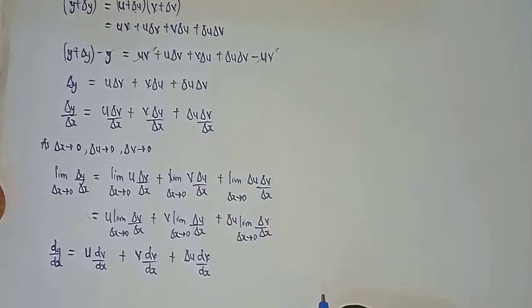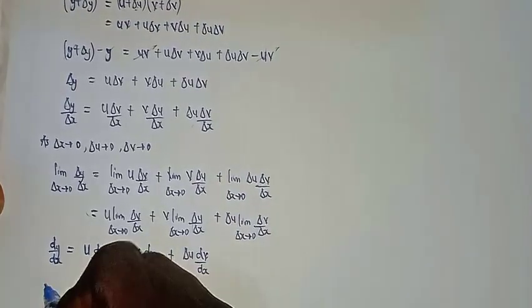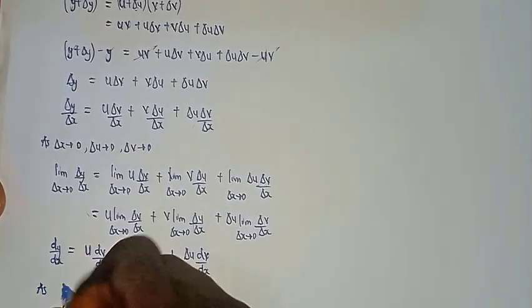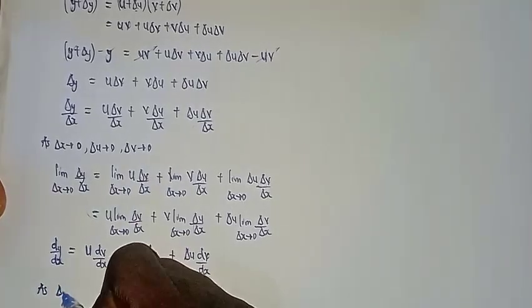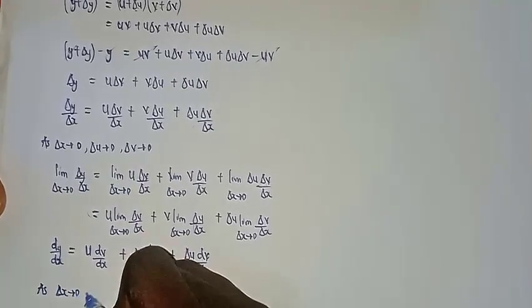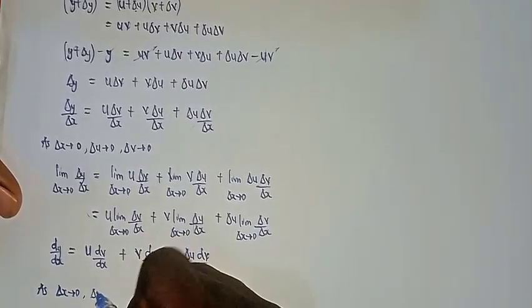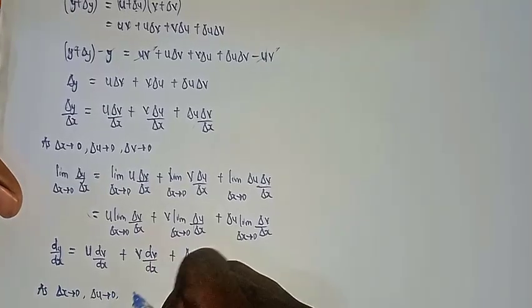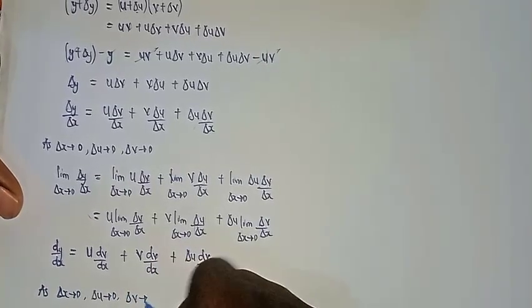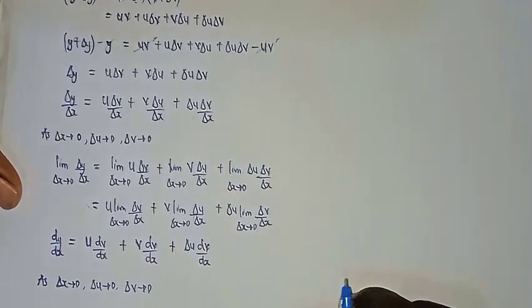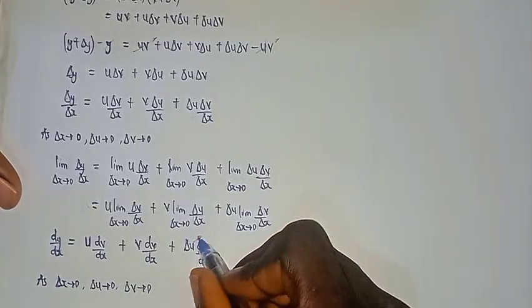But we know that as delta x approaches 0, that delta u approaches 0 as well, and then delta v approaches 0. So this becomes 0.